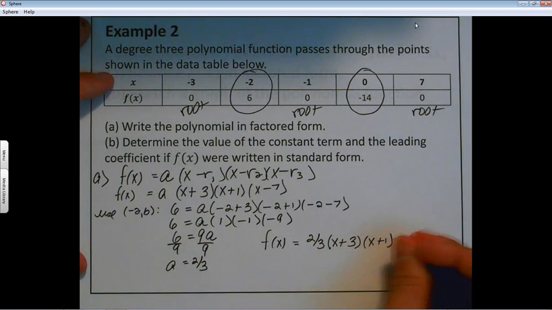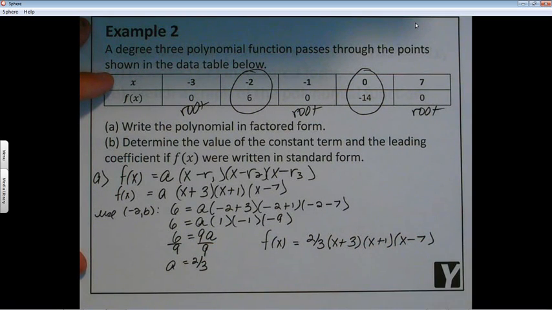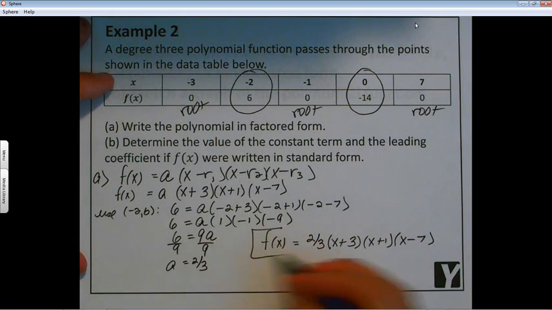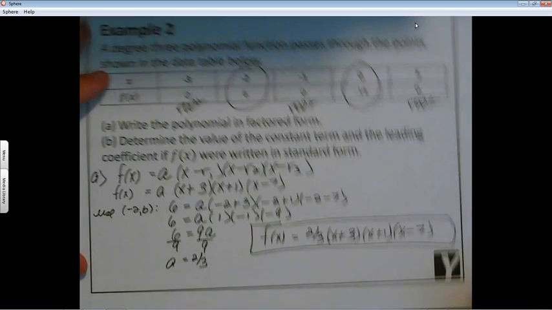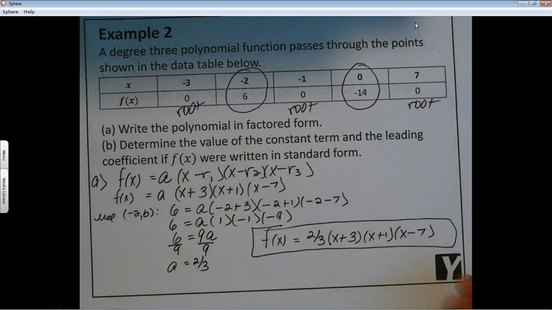We get 6 equals a. Negative 2 plus 3 is positive 1. Negative 2 plus 1 is negative 1. Negative 2 minus 7 is negative 9. Multiply those together. A times 1 is a, times negative 1 becomes negative a, times negative 9 becomes 9a.